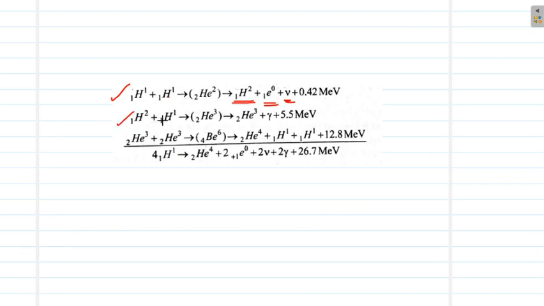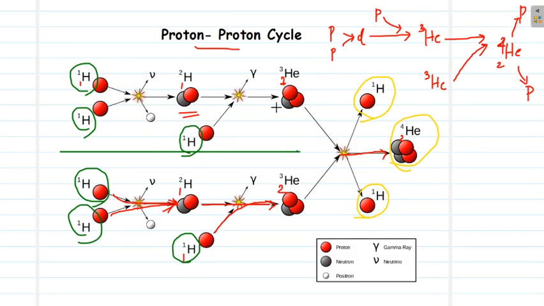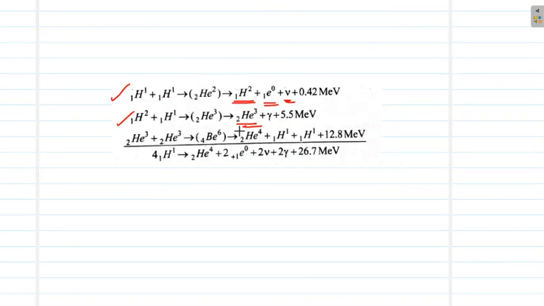So 1H2 plus 1H1 to form 2He3 plus some amount of energy. Then 2He3 will combine with another 2He3 coming through the same process to form a helium, 2 protons and a huge amount of energy.